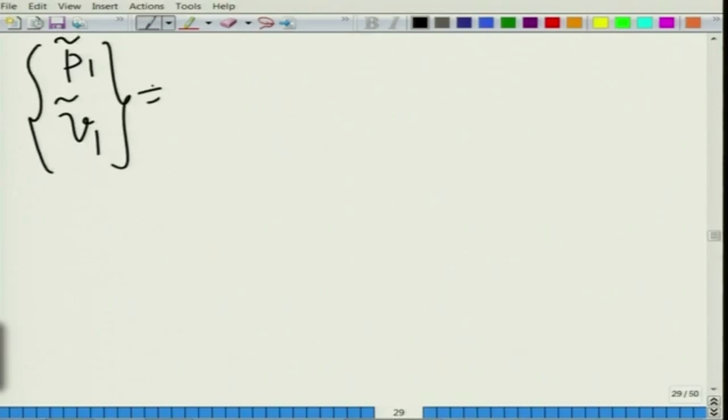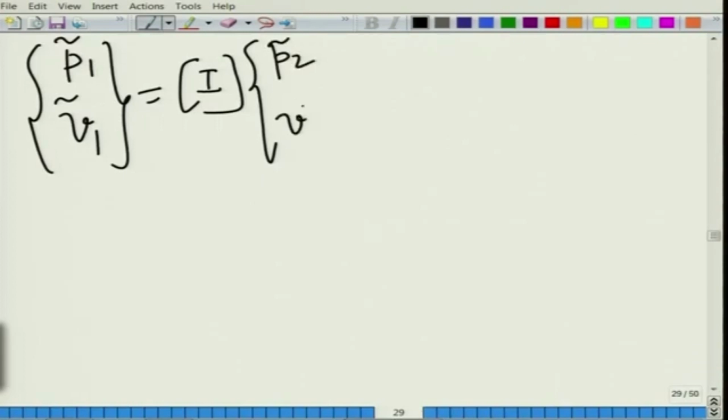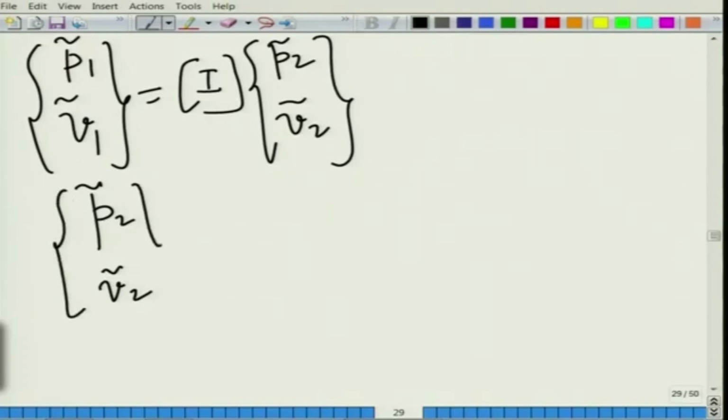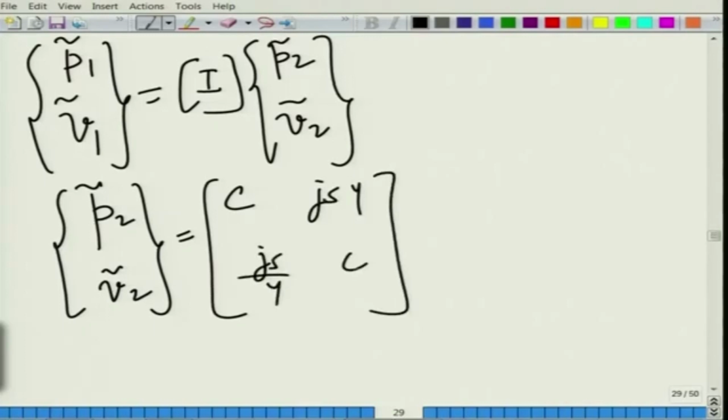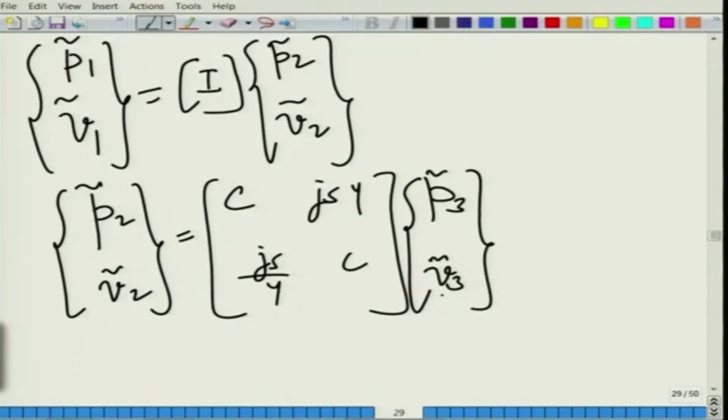Okay. So, once we do that, we can just say P1, times volume velocity V1, is equal to the identity matrix times P2 tilde, V2 tilde, and P2 tilde, V2 is equal to that familiar matrix, cos, j sin, j sin by Y, cos, times P3, V3, and 3 and 4 are something that we know of.